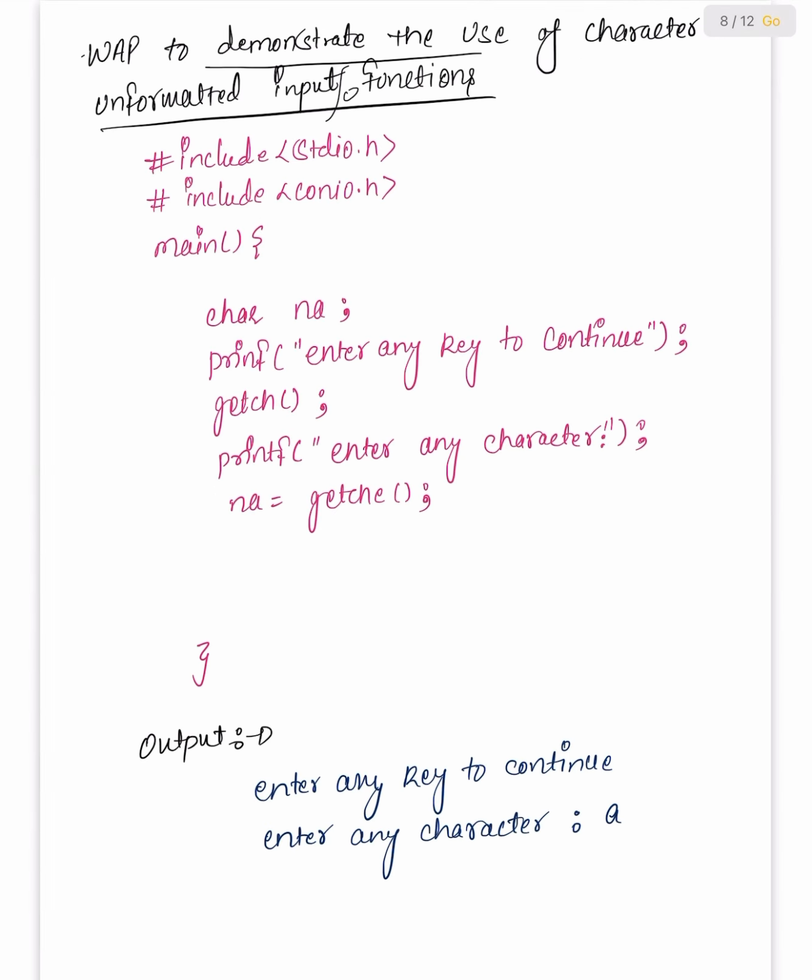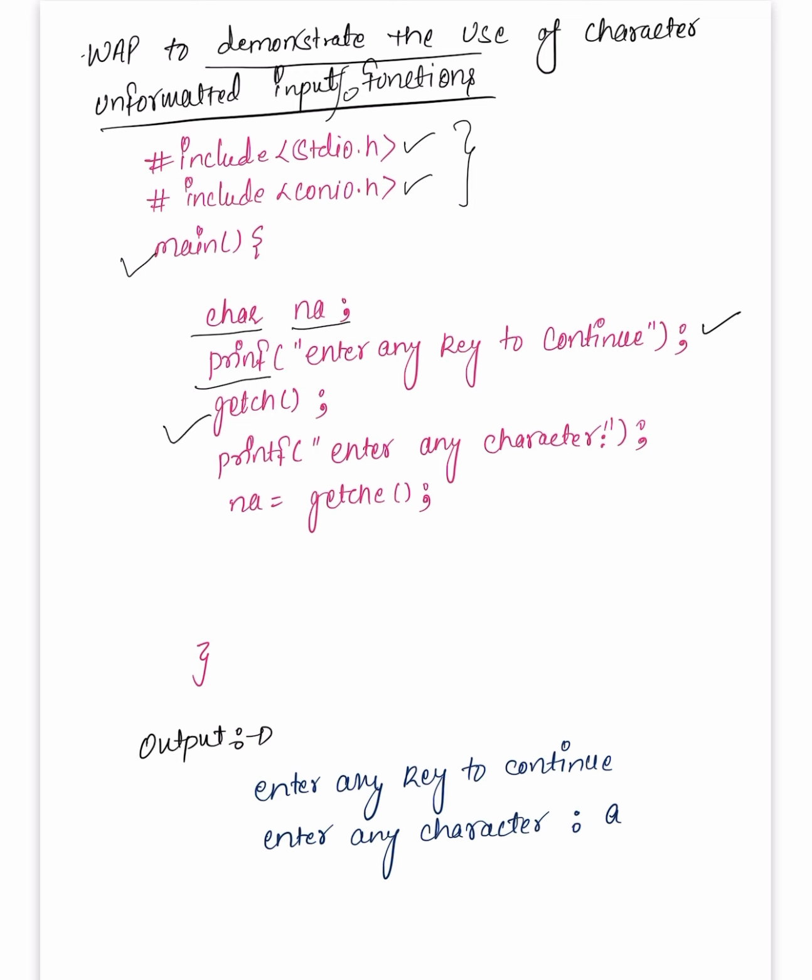This is the program for demonstrating the use of character unformatted input output functions. Firstly the header files will be defined, that is the standard input output header file and the conio.h header file. After that the main function will be started. With the help of char data type we declare a variable. Next, with the help of the formatted output function, the printf function will be defined: enter any key to continue.